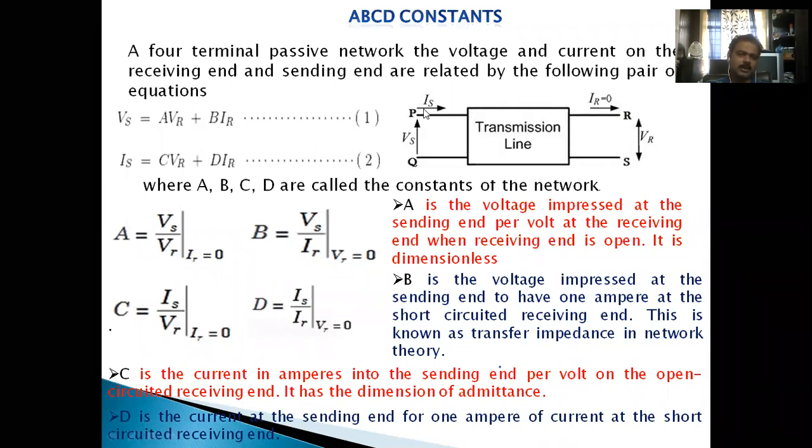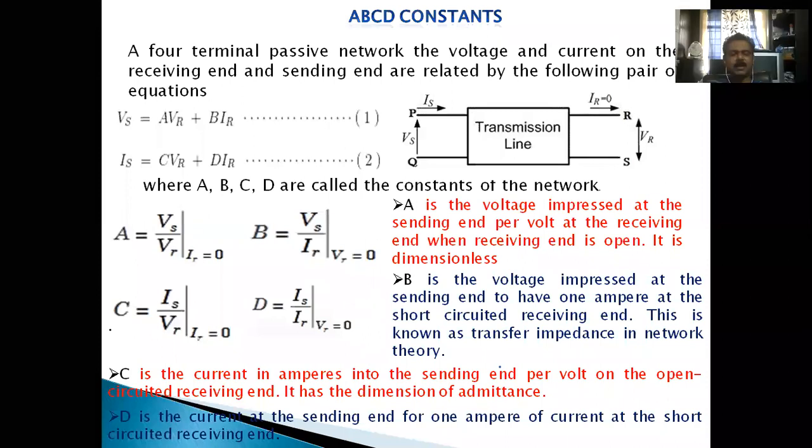The relation between current at the sending end and current at the receiving end gives D. Units for this, current by current, you will get a dimensionless quantity, a constant value. So this is about ABCD parameters.